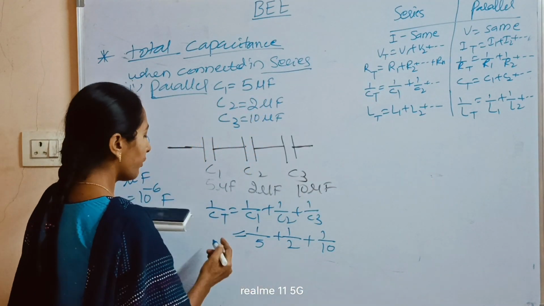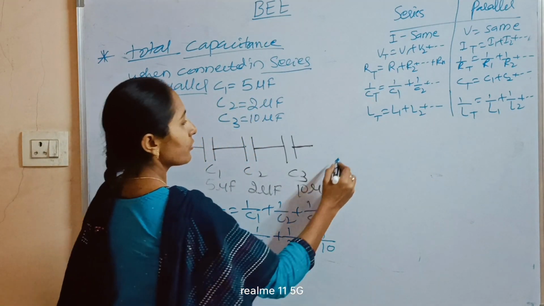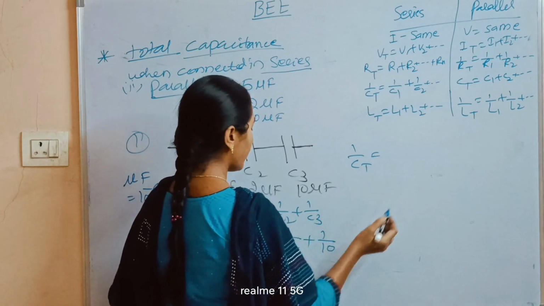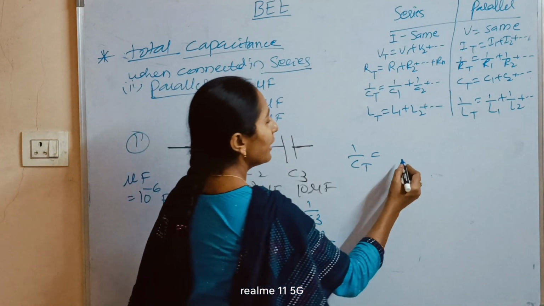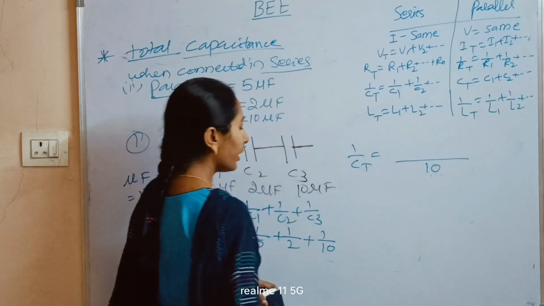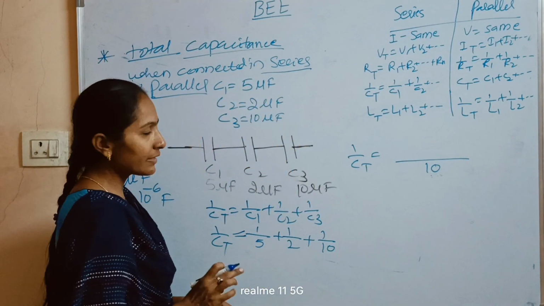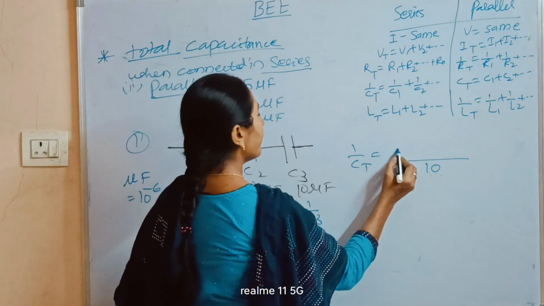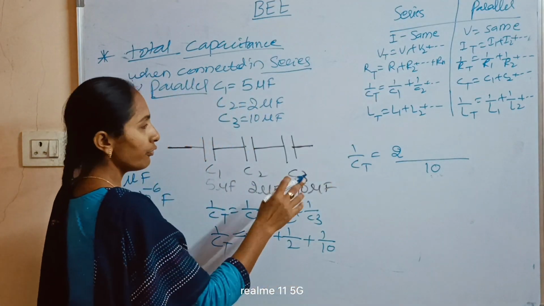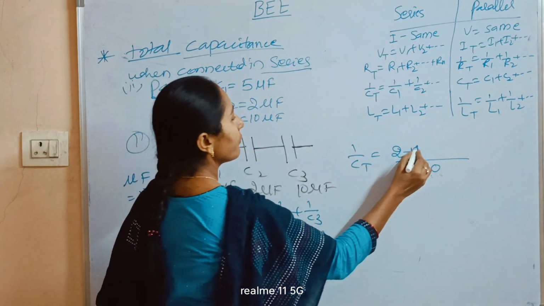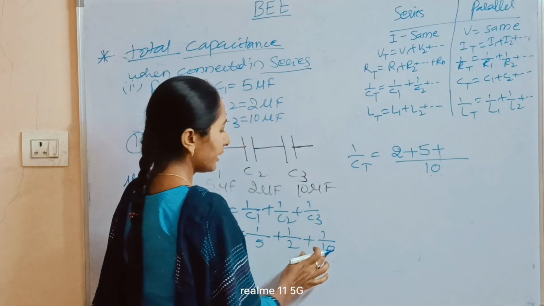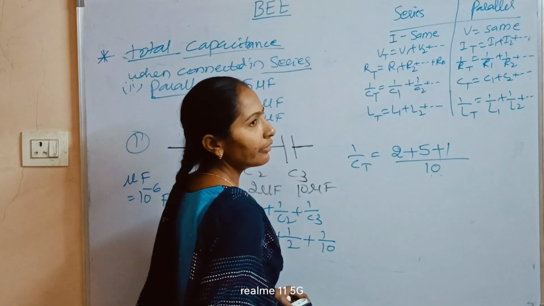So now 1 by C total equals, what is the LCM of these three? 5, 2, 10 is 10. Here denominator 5 is there, so multiply with 2: 2 into 1 gives 2, plus here denominator 2 is there, so 5, plus here denominator 10 is there, consider 1.